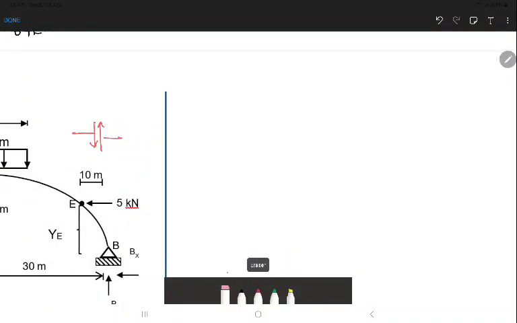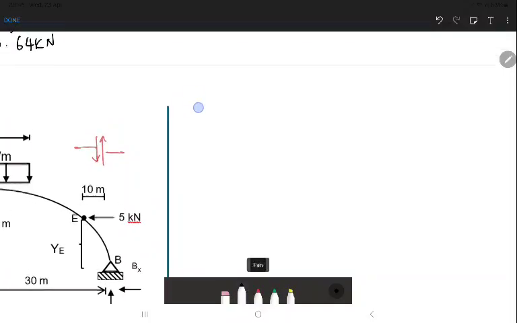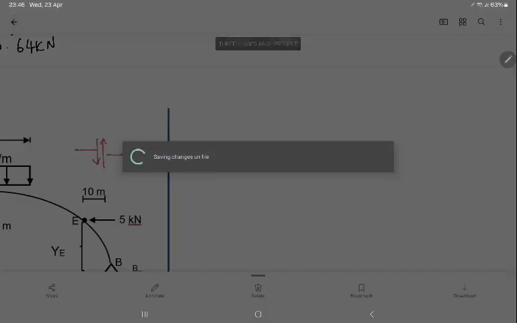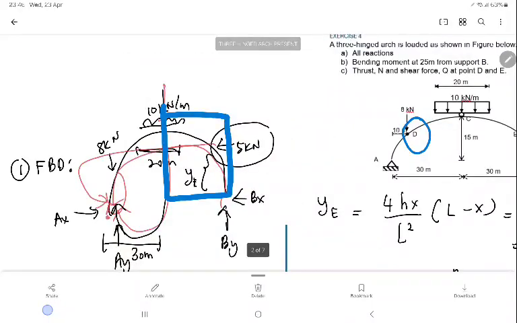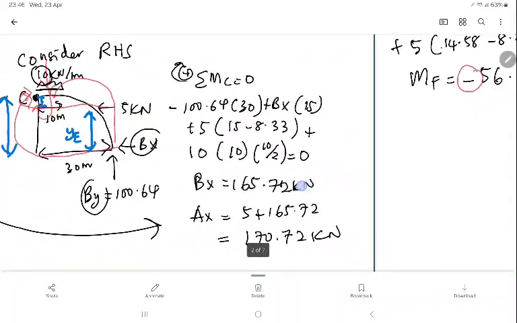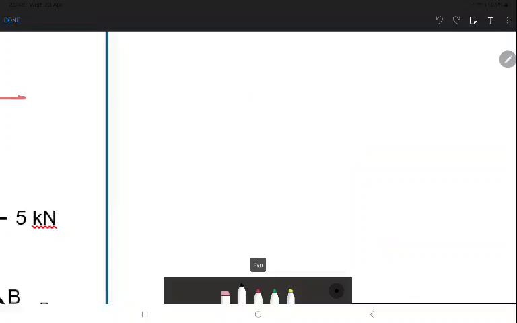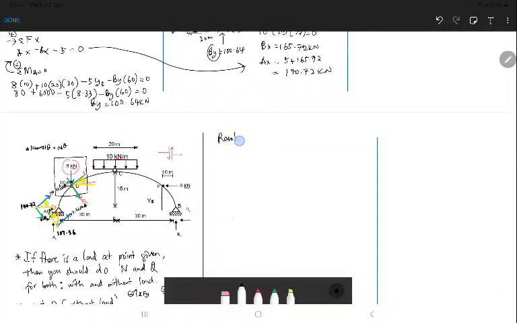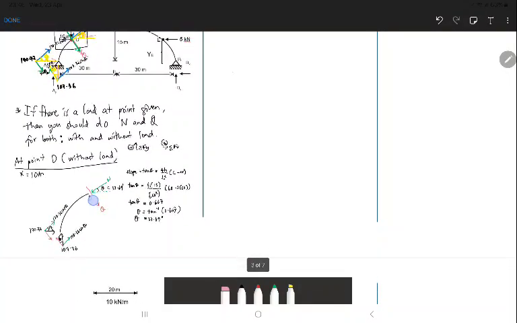Okay, resolve in Q direction. If you see here, Q is in this direction.